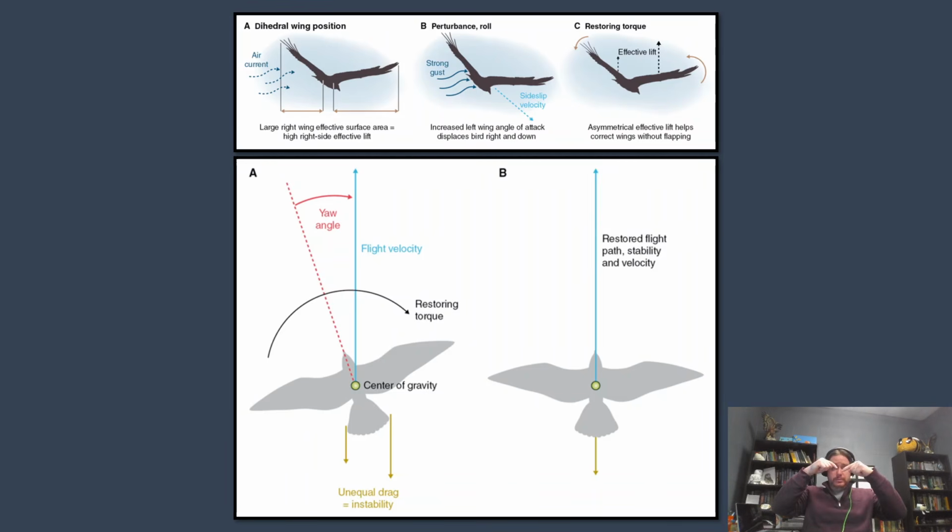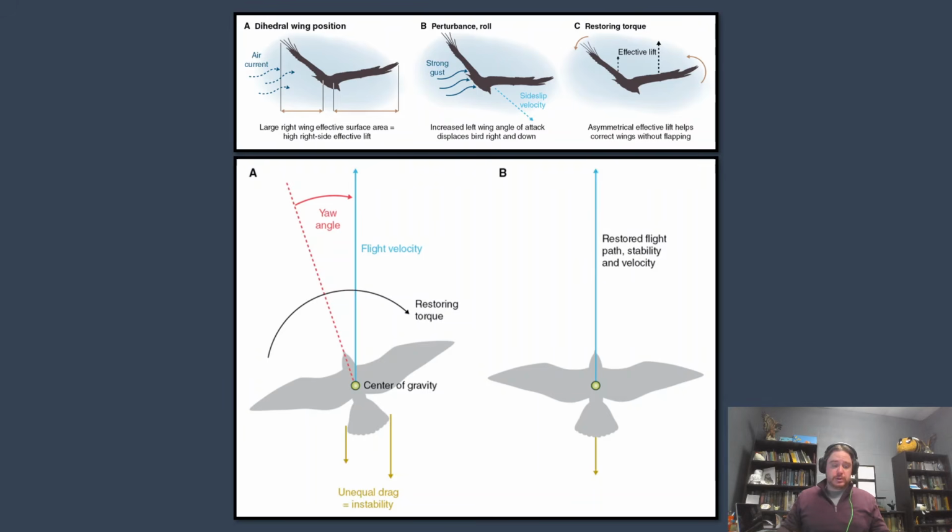As the dihedral pattern tilts, if you imagine this finger and this finger are the wings, as it tilts because a roll, an air current, hits the side of our vulture here and tilts it, one wing will become closer and closer to parallel with the free stream velocity.